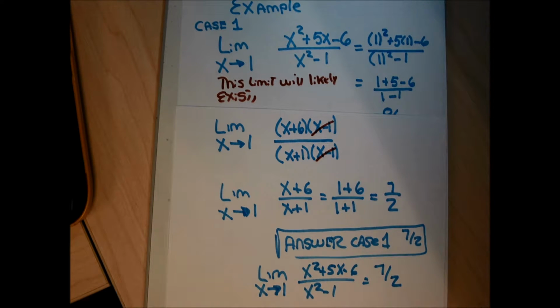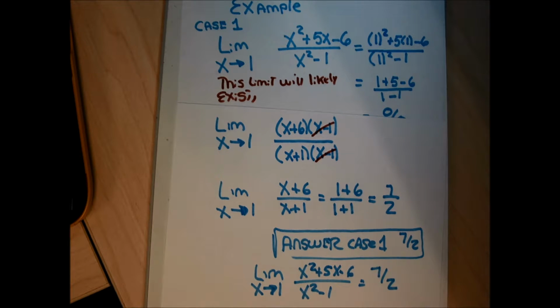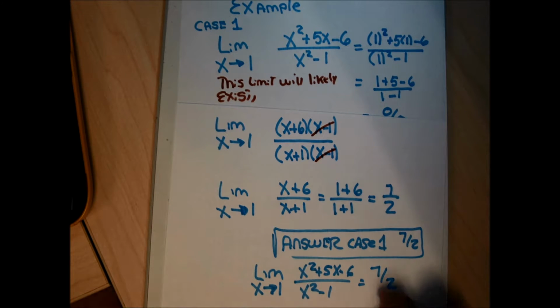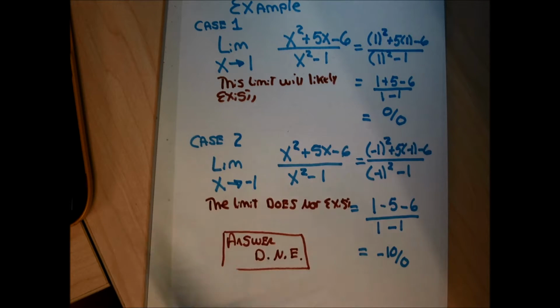I want to show you real quickly, even though it's taking a long time, on my calculator, the difference between case 1 and case 2. So I'm going to do some graphing to show you that the limit of case 1 is, well, 7/2, which is 3.5. And quite honestly, my calculator doesn't do a stellar job with decimal or fraction limits, but I'll go ahead and do it.